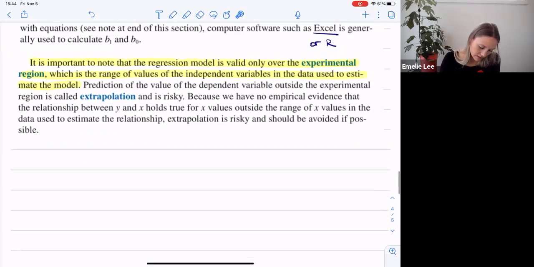So you can make predictions outside of the interval, outside of your x values, but you don't want to do it if you don't have to.